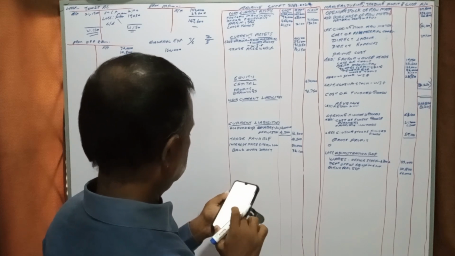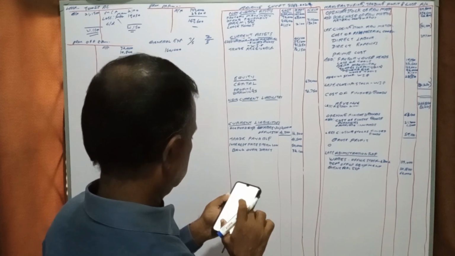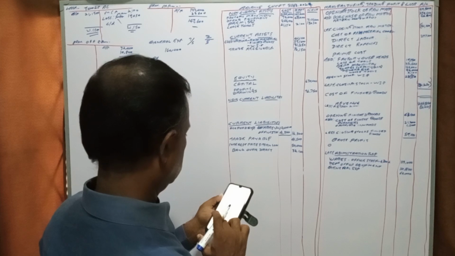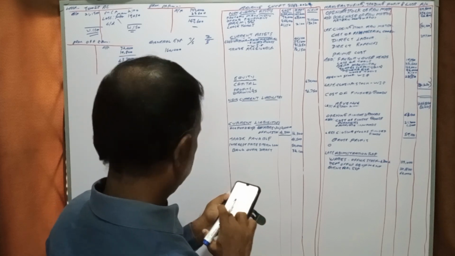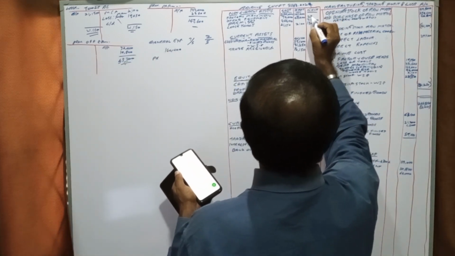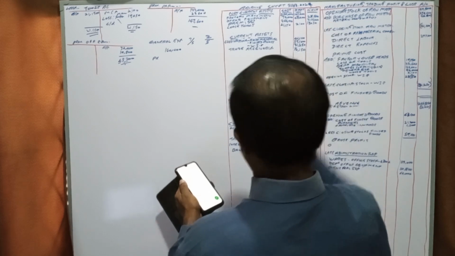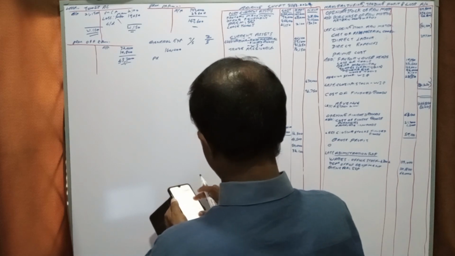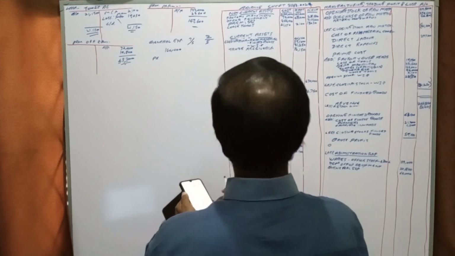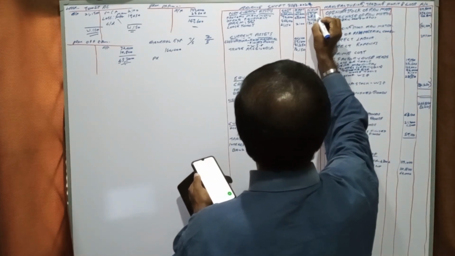Can you do the balancing? 72,000 minus 43,200, 28,800, right? 250,000 minus 147,600, that means 102,400.